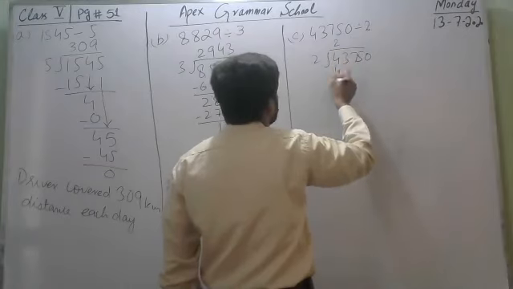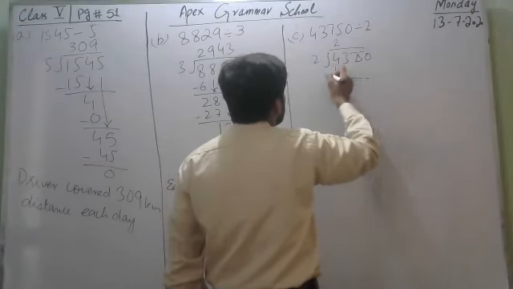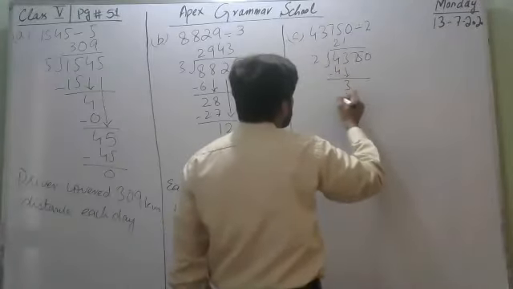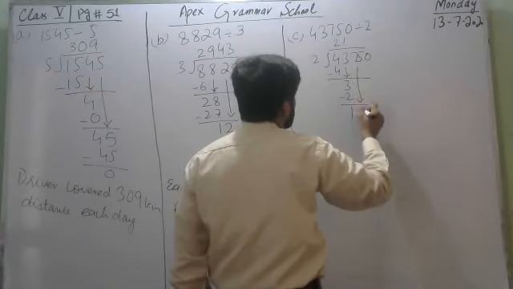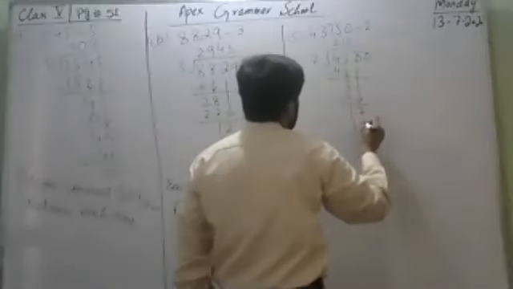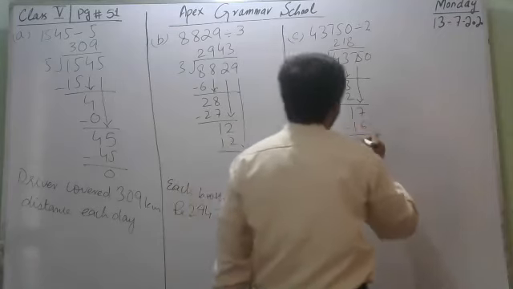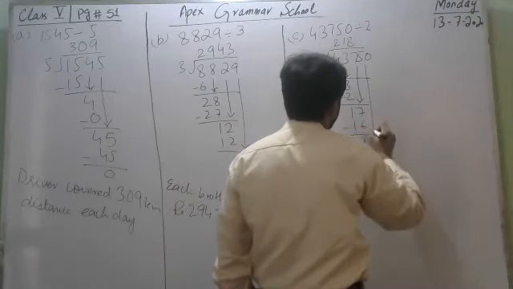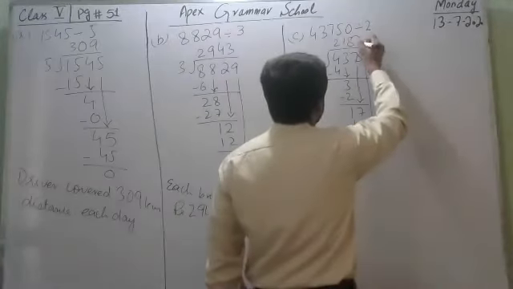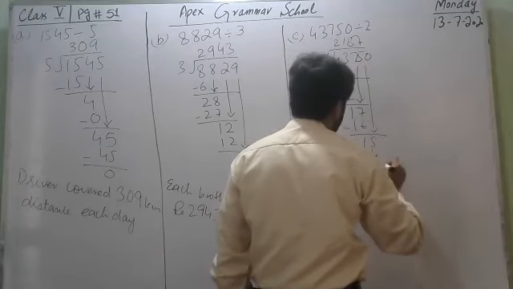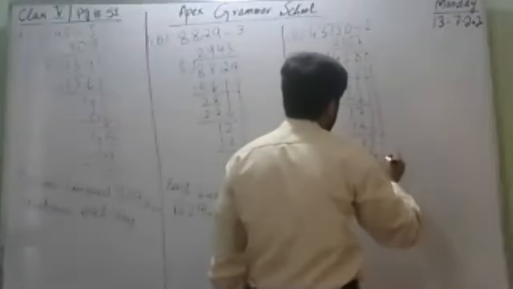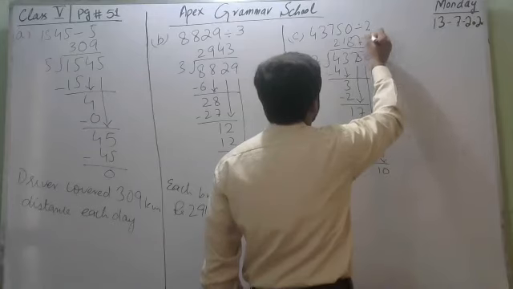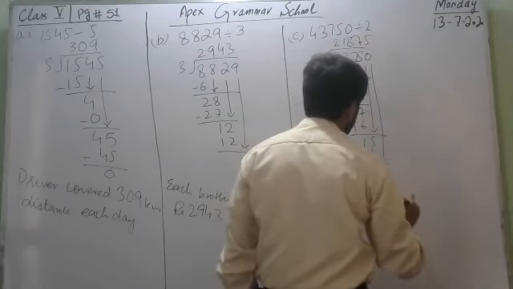Two 2s are 4. 2 ones are 2. 2 8s are 16. 2 sevens are 14. 2 fives are 10.